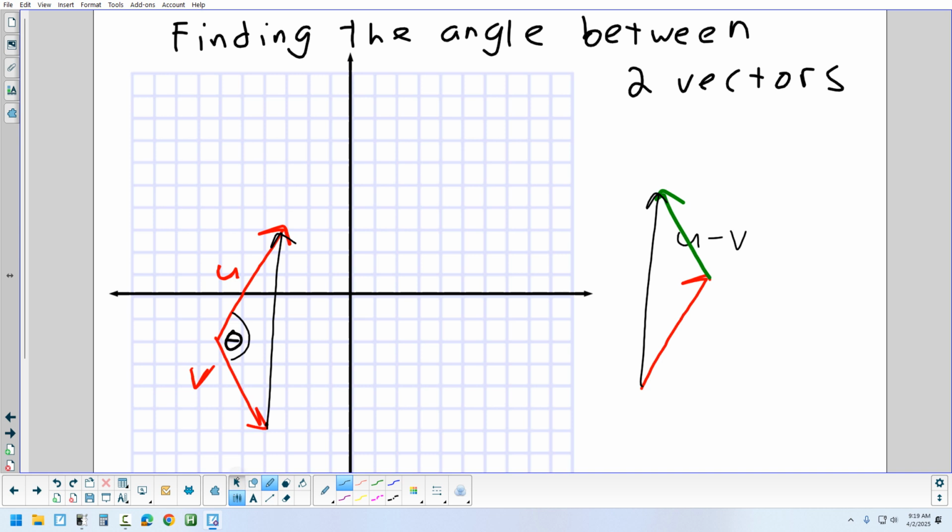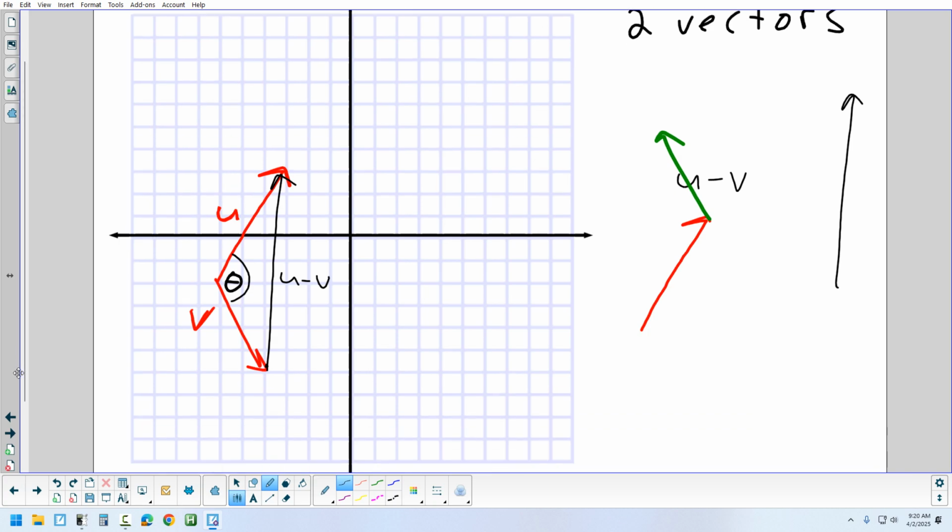Now drag that over and see if it lines up with the vector I just drew. Yep, that's U minus V. Okay, so that third side is U minus V. Any question on that? All right, now, we've got a triangle here. I want to figure out this angle. Well, based on what I have on that board, what could I figure out in that triangle right now?